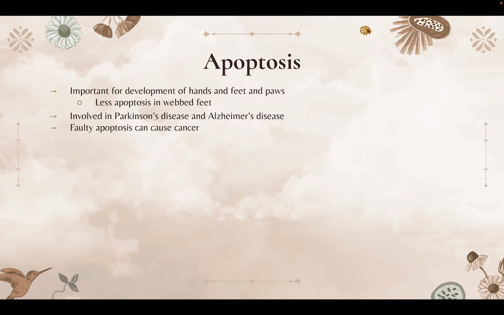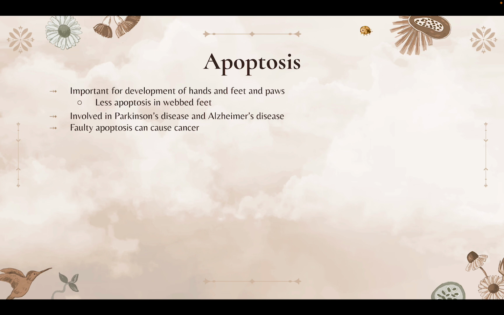Apoptosis, just some other applications, is that it's important for the development of hands and feet and paws in animals. And what happens is when you're developing as an embryo, your hand looks kind of like an Animal Crossing villager's hand. It's kind of circular, round. You don't really have fingers.